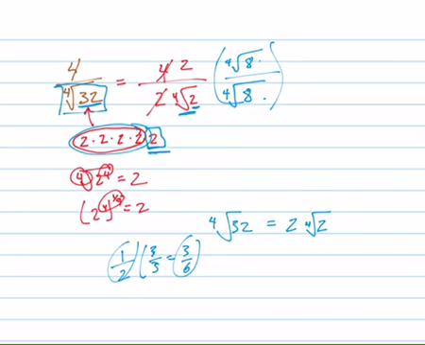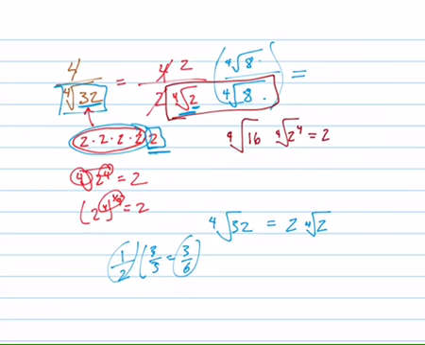When I do that, down here this becomes the 4th root of 16, which is the 4th root of 2 to the 4th, which is just 2. So 2 is in the bottom, and on the top I have 2 times the 4th root of 8. Now I can cancel those out, and you get the 4th root of 8 as your answer.